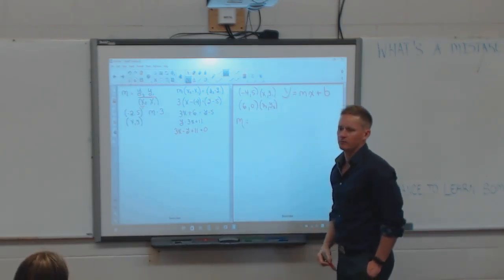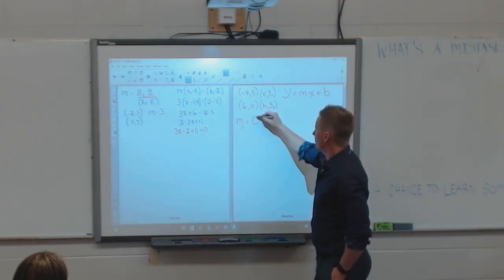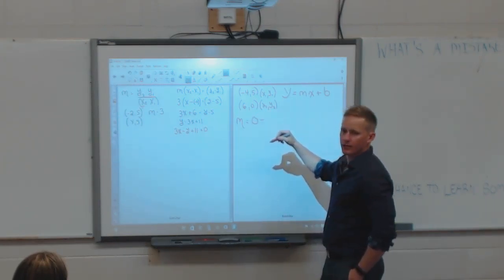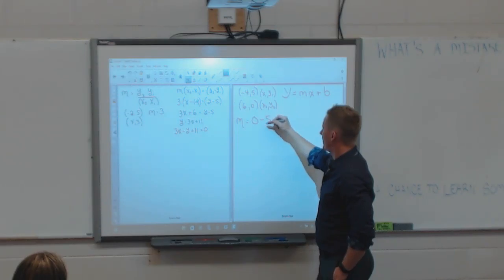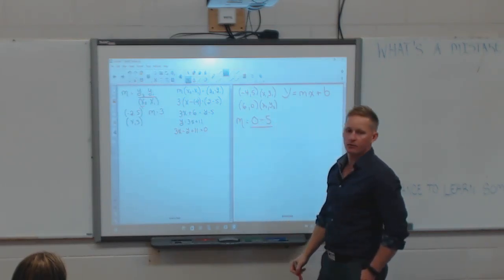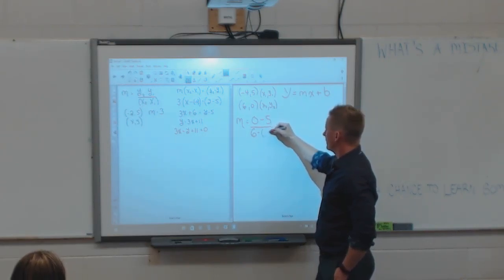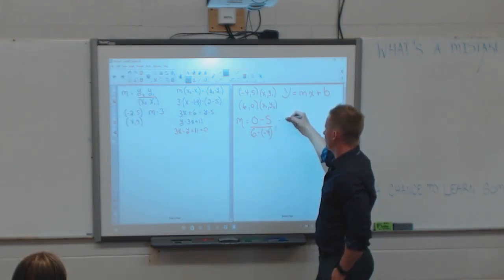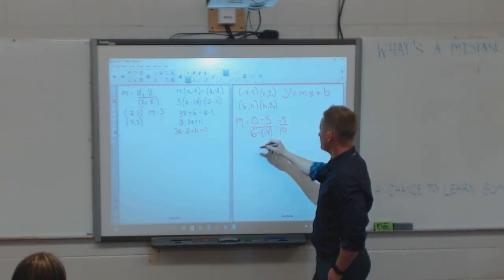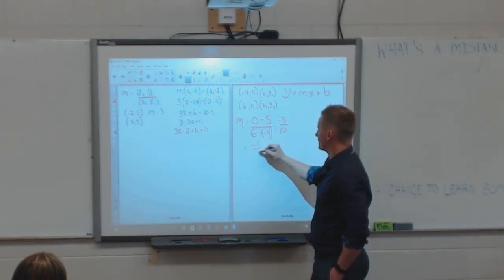What's y2? 0. Subtract y1, which is 5. x2, 6, minus negative 4, which gives me negative 5 over 10, which when reduced is minus 1 over 2.